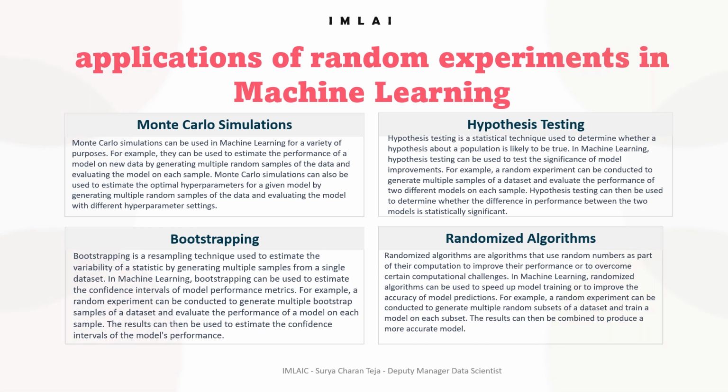For example, a random experiment can be conducted to generate multiple random subsets of a data set and train a model on each subset. The results can then be combined to produce a more accurate model.